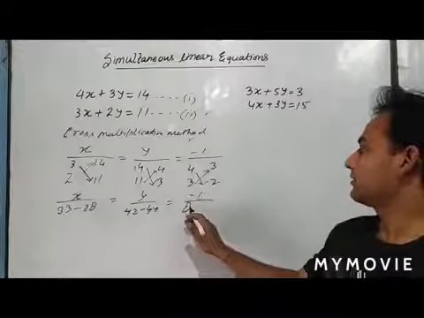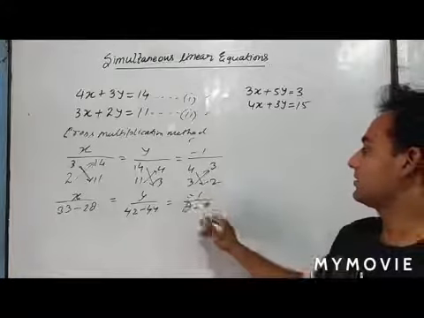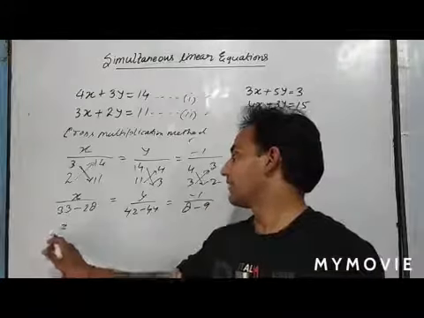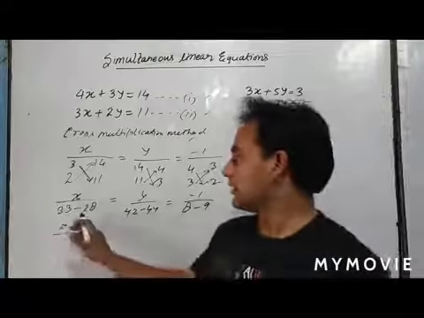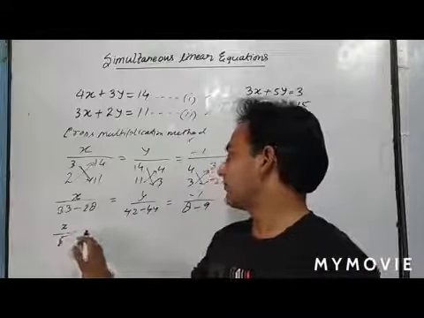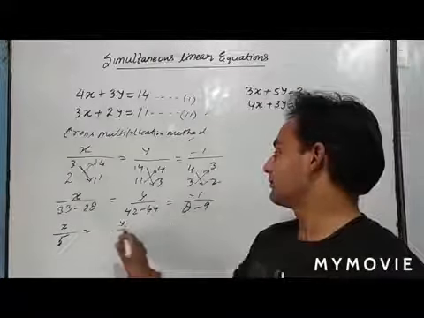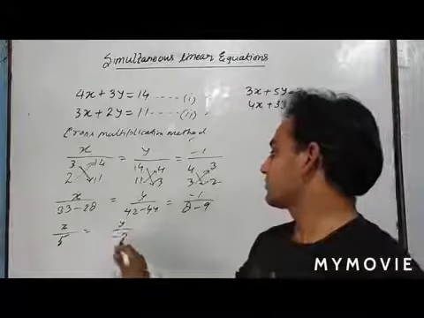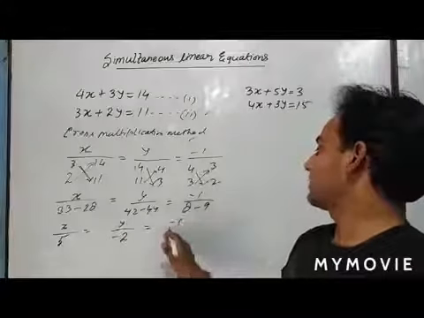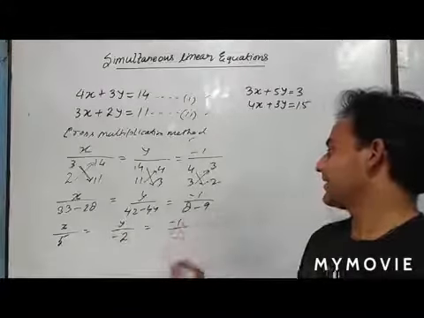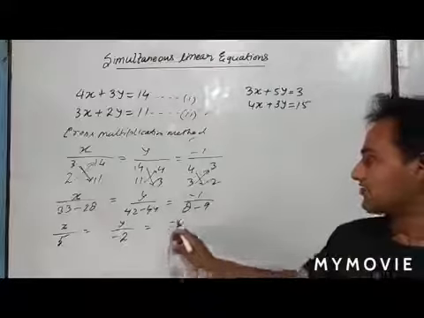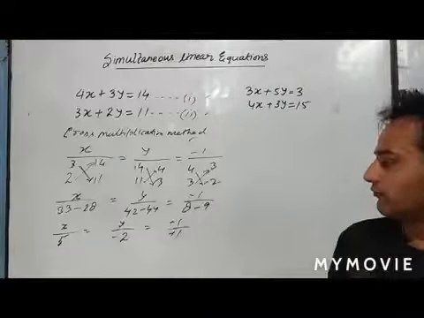Now 4 2s are 8 minus 3 3s are 9. Now we will have x upon 33 minus 28, which is 5. Y upon 42 minus 44, which is minus 2, and minus 1 upon 8 minus 9, which is minus 1. See, minus 1, so we'll have only 1.